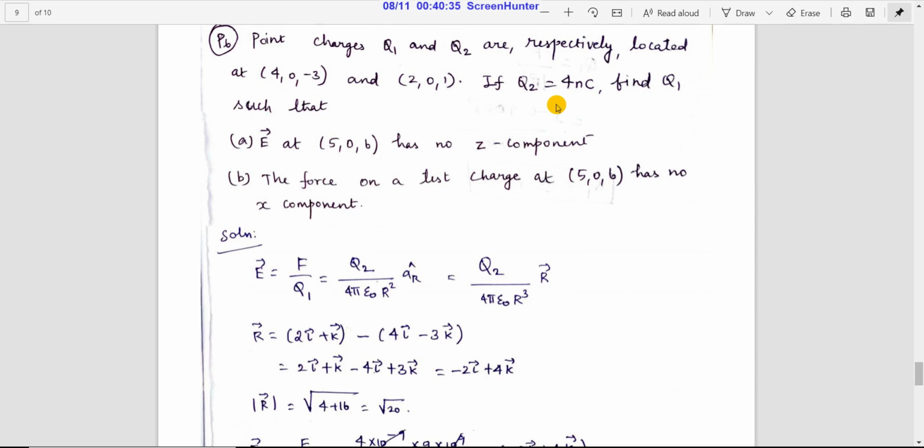So if you keep that particular concept in mind, then you can find out what is the electric field at this particular point. Then you will be finding out the force on the test charge. So that is the concept which has to be in mind whenever we are dealing with these kinds of problems.